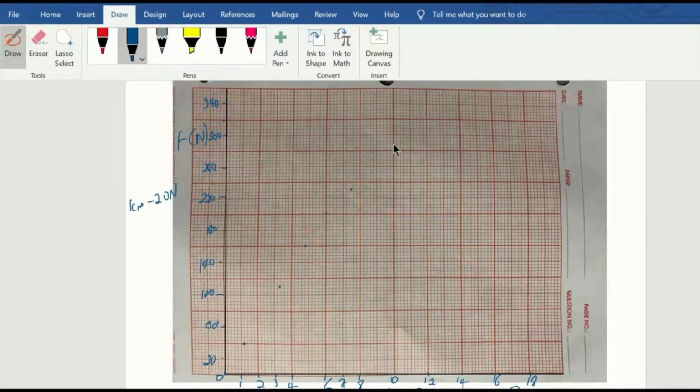So between 288 and 292, here's our point right here at the middle. So we'll mark our point right there. You have to be very careful when doing this. You must ensure that you get your exact point.